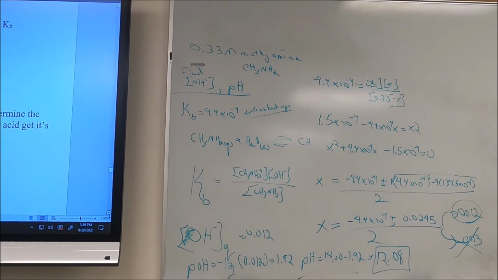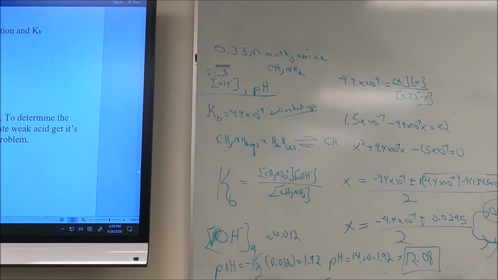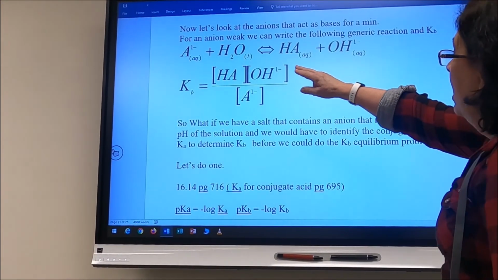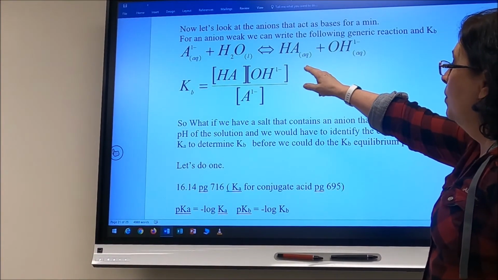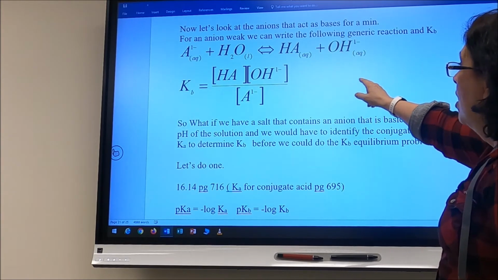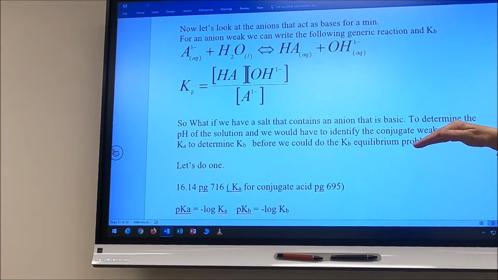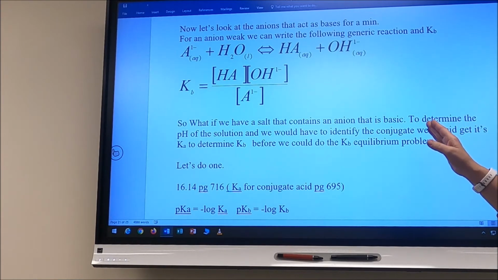Now let's take on the anion weak base option. Just to remind you, anion weak base A minus plus water gives me HA and hydroxide. There's the Kb expression. When we're dealing with a conjugate anion base, a weak base, it is the conjugate of a weak acid and it's an anion.